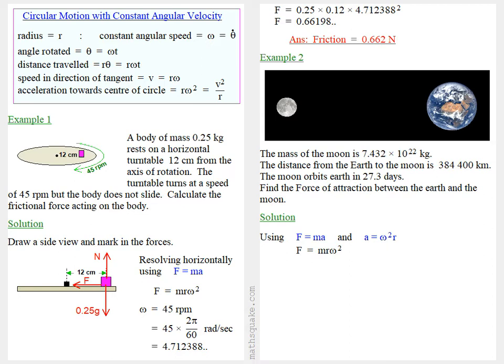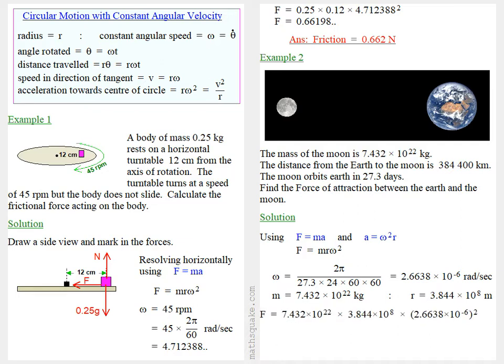Now the Moon orbits the Earth once every 27.3 days. So it makes one revolution, which is 2 pi radians, in 27.3 days, which is 27.3 times 24 times 60 times 60 seconds. So omega works out to be 2.6638 times 10 to the minus 6 radians per second. Now the mass of the Moon is 7.432 times 10 to the 22 kilograms, and the radius of the orbit of the Moon is 3.844 times 10 to the 8 meters.